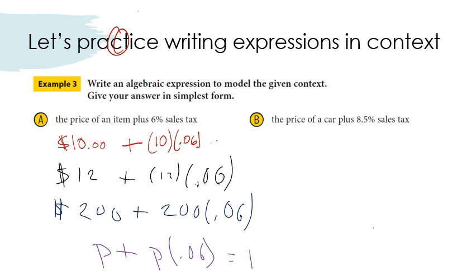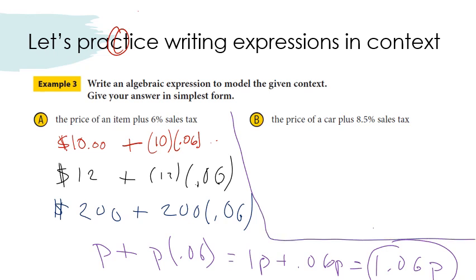So what we have is 1P, the original price, plus 0.06P, the sales tax, and you end up with 1.06P. And there's your answer, or there's your expression that models the context in A.